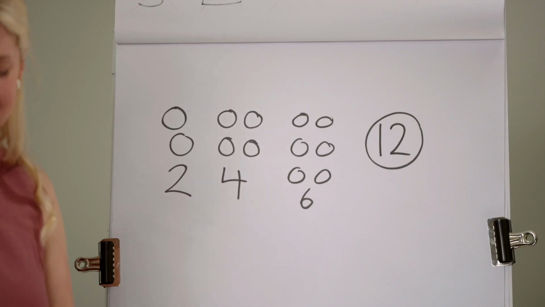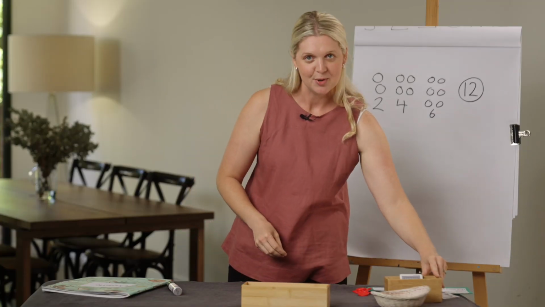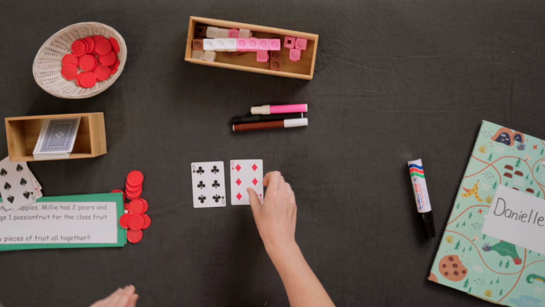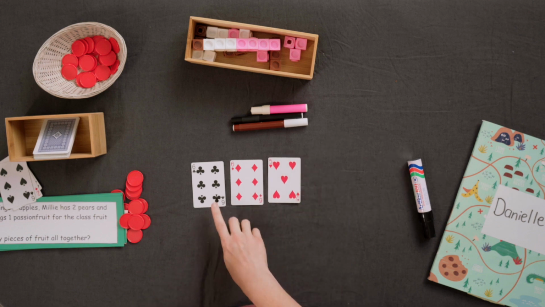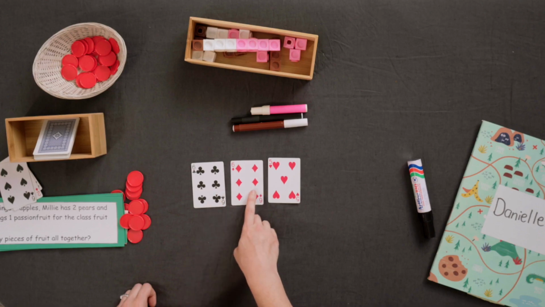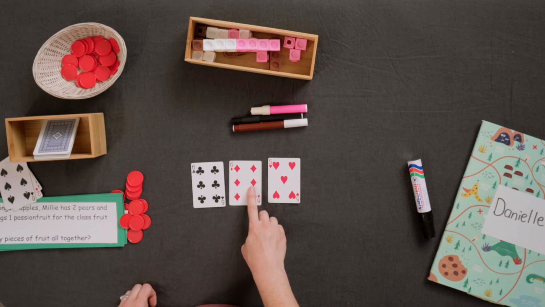Let's try another. I'm going to turn over 3 more cards. 1, 2, 3. Oh, I'm noticing something. 6 and 6. That's a double. I know that 6 and 6 is 12.